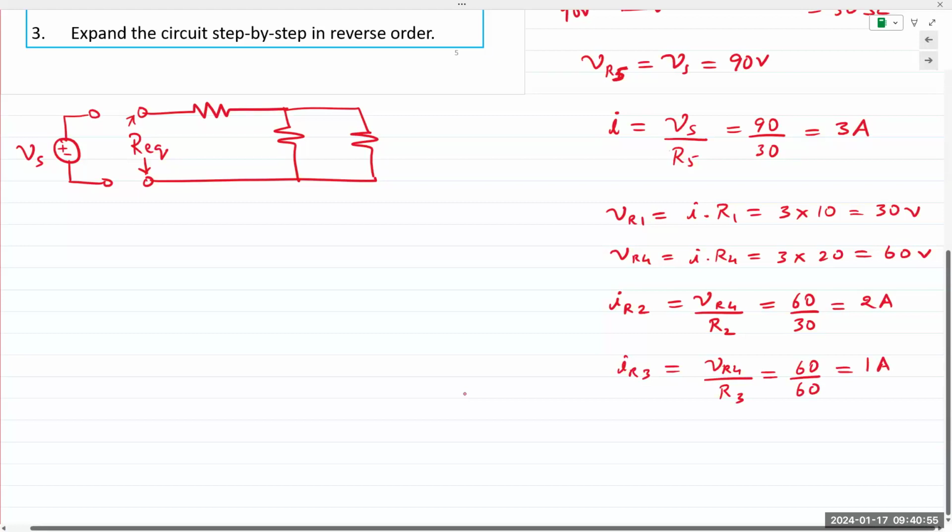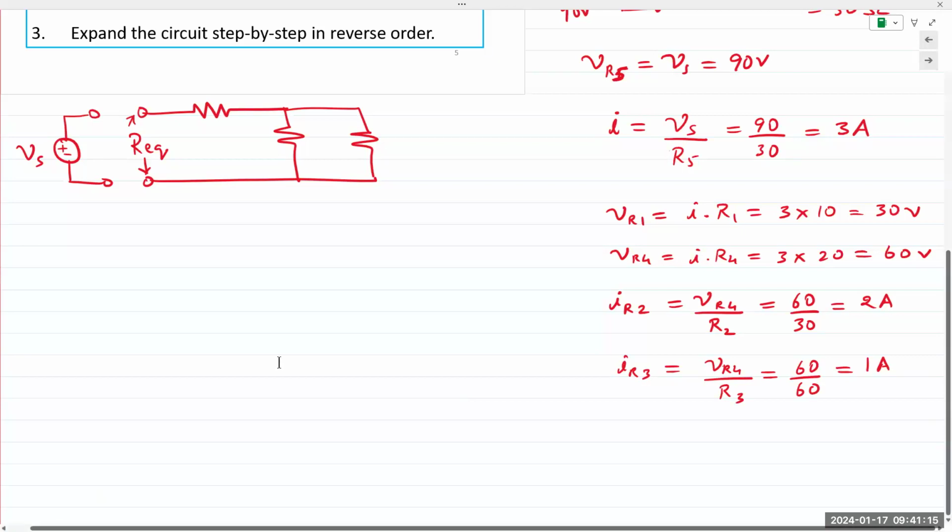And you can do a cross check. Law of conservation of energy applies. A source is supplying some power, it is supplying some energy. The total energy being supplied by the source has to equal the total energy being absorbed by the resistances in that circuit.